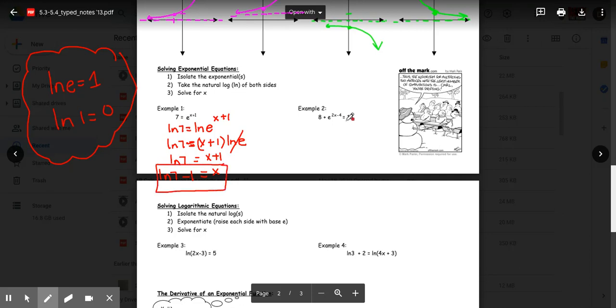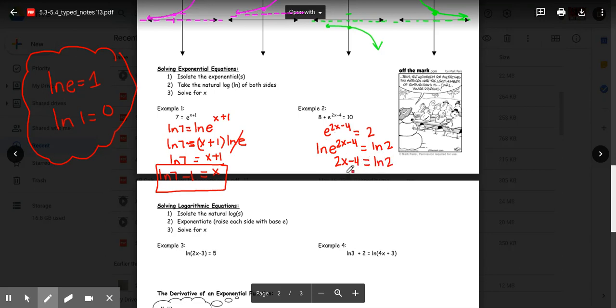All right. Example 2, you got to get the exponential by itself. So you subtract 8 on both sides. So you get e to the 2x minus 4 equals 2. Then you take the natural log of both sides. The left-hand side just ends up turning into the exponent 2x minus 4 because that moves in front times ln of e. ln of e equals 1.